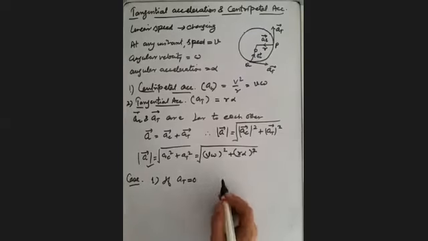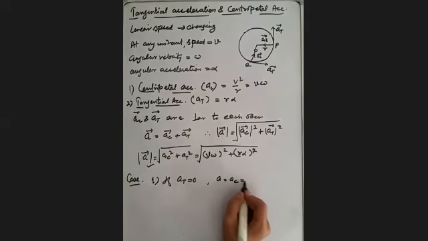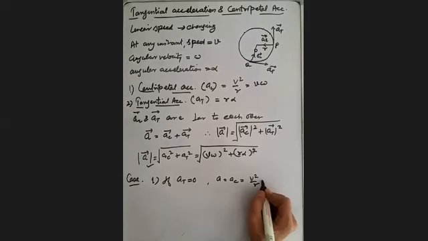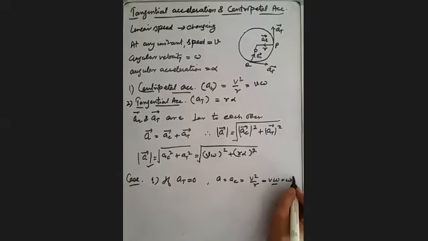Then the acceleration will be only equal to the centripetal acceleration. So acceleration will be equal to AC, which is v square upon r, or v omega, or omega square r. So all three expressions are for the centripetal acceleration.